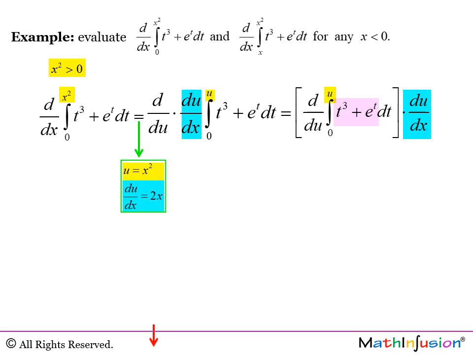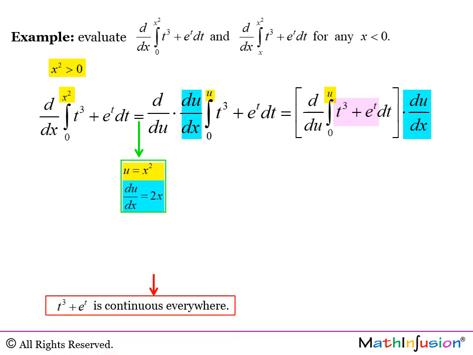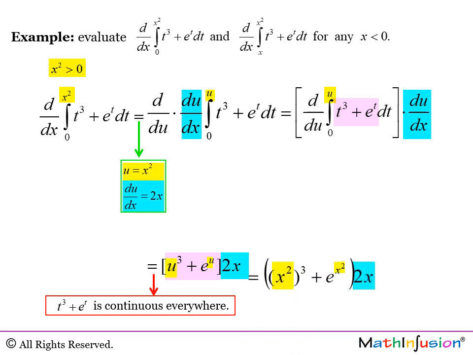Here's the integrand, so we are going to replace this by u. We know that this is continuous everywhere, and we can apply the theorem. And we get that. Now let's replace u by x to the power of 2. And we get this.